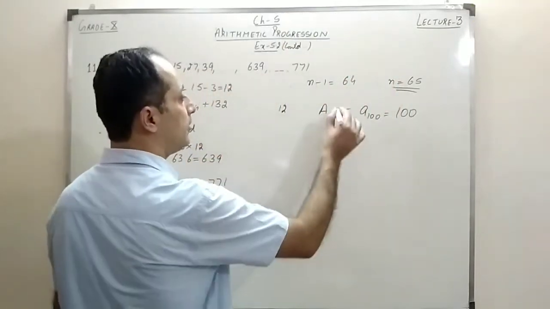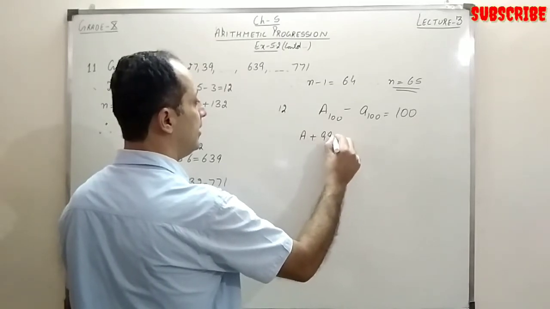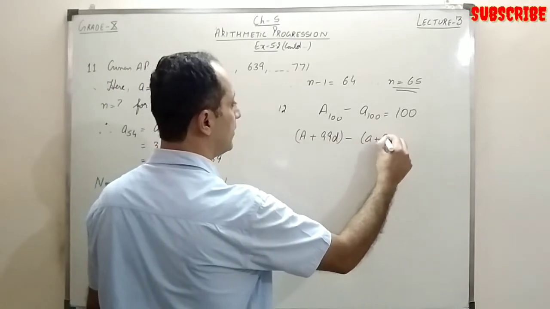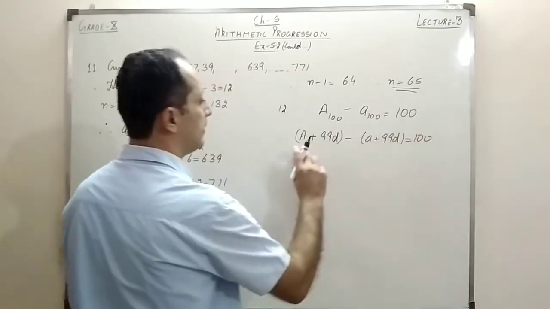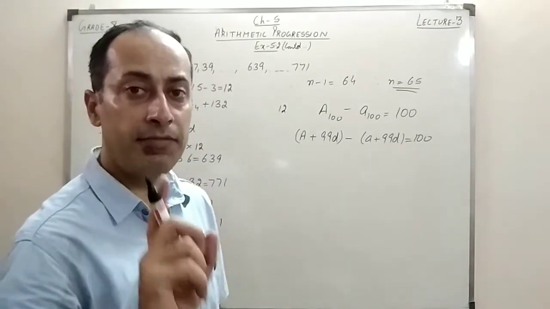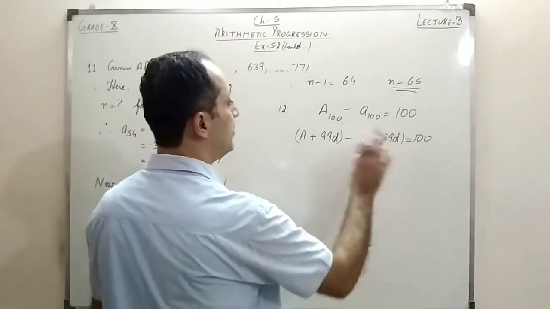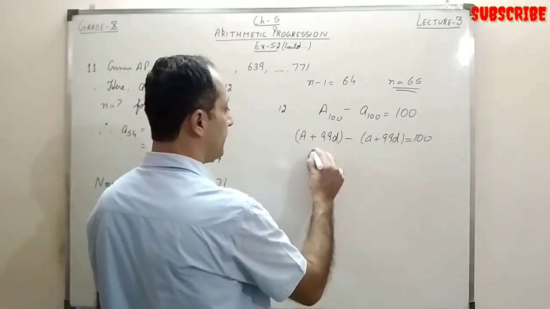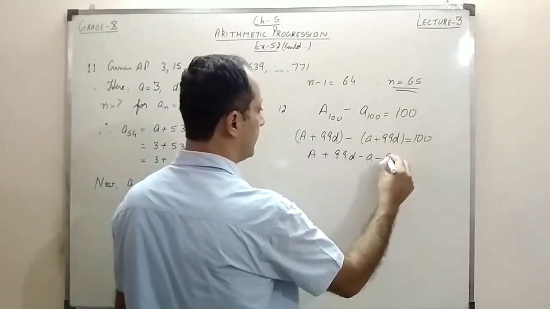So for this, suppose the first term is a, I can write this as a plus 99d, and for this I write a plus 99d. Since the APs are different, I have taken the first terms different. But the common difference is given the same, so I have taken the same symbol for both. Now when I open the brackets, I get something like this.